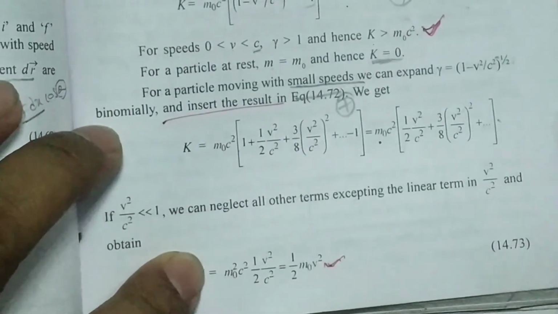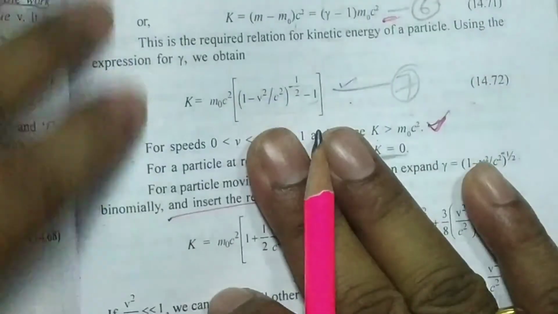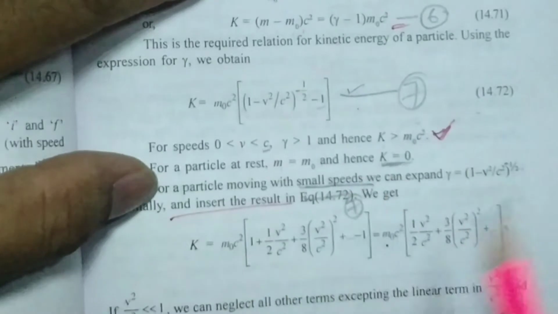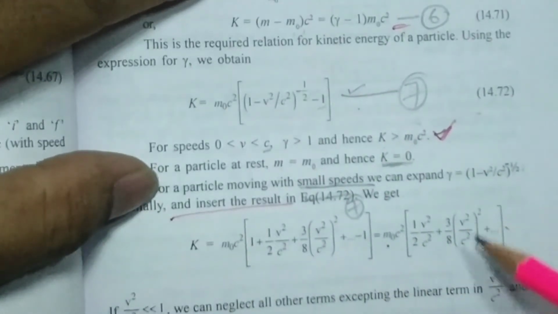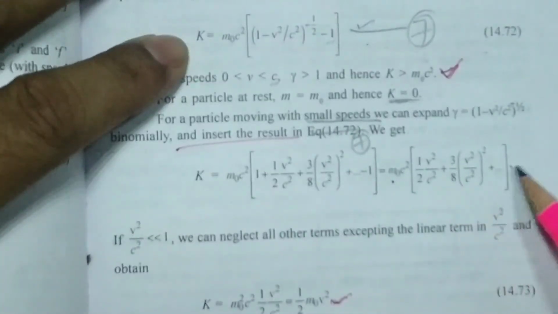So here v square by c square is less than 1. Again v square by c square whole square will be smaller than 1, very small, and can be neglected. So here the term 3 by 8 v square by c square whole square and other higher terms can be neglected.